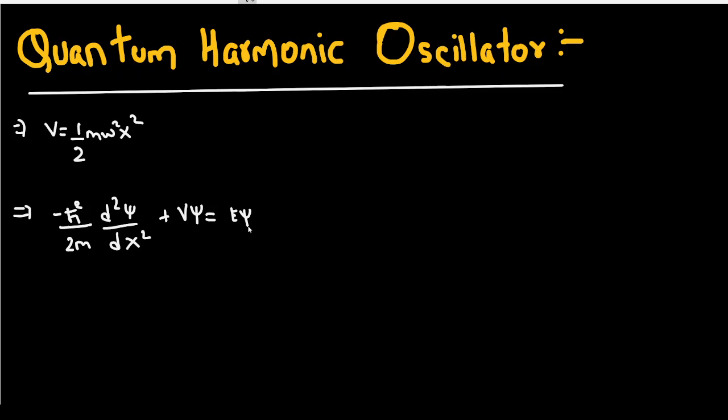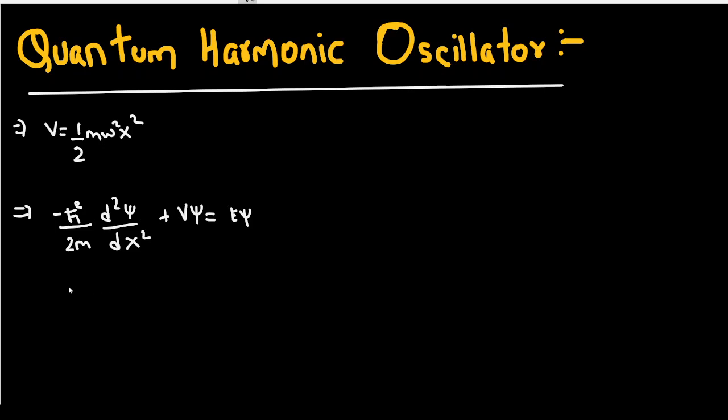So what we have to do is put the value of the potential here, which is one half m omega squared x squared, and solve it. It is pretty easy to write this out, but remember, the solution is quite complex, so it may take more than one video to complete.